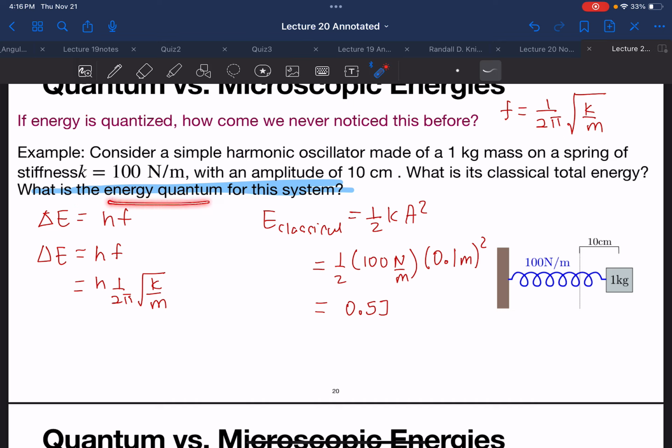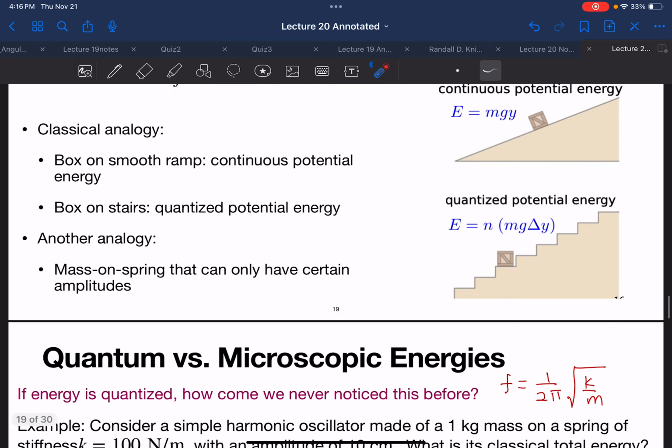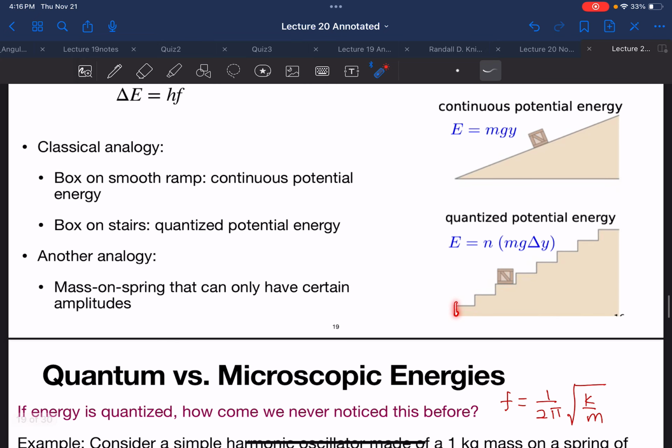When we say energy quantum, we just mean the difference between steps. Going back here, the difference between each energy step quantum is the difference between this step and this step. And we'll come back to this.